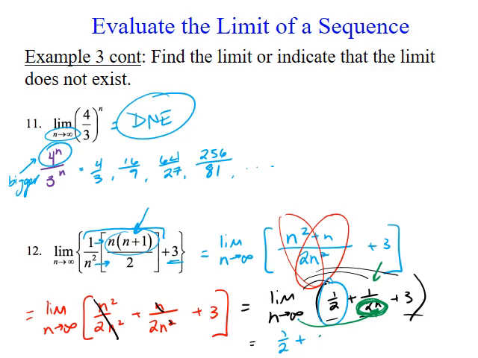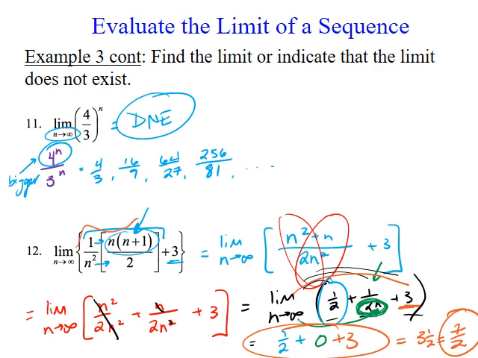So this is approaching 0. And then lastly, a limit of a constant is a constant. So this is equal to 3.5, which is the same thing as 7/2. So we found the limit of this whole thing as n approaches infinity is 7/2.